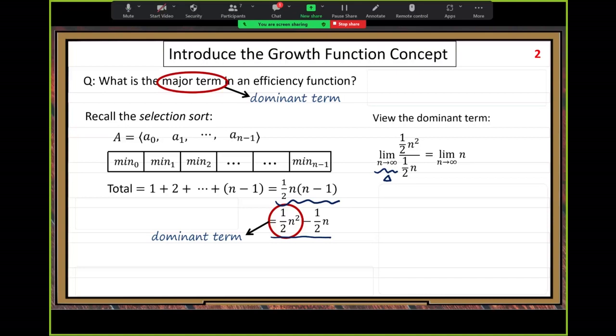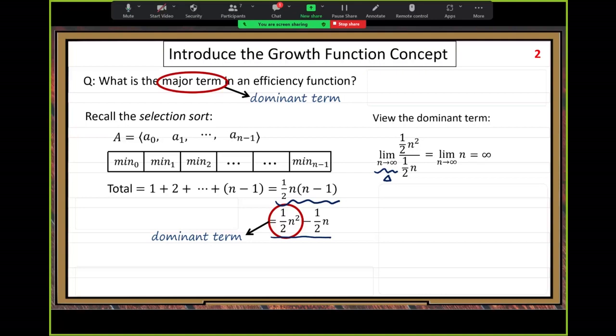And you know the answer is infinity. So here you can see when the problem size n becomes very, very large, the limit of the ratio of the two terms approaches infinity.